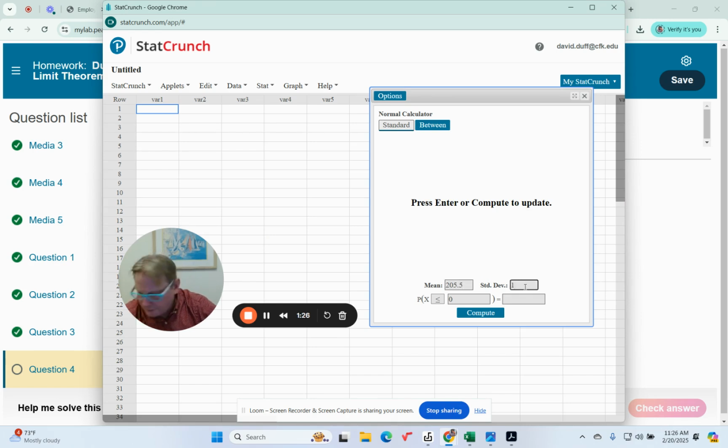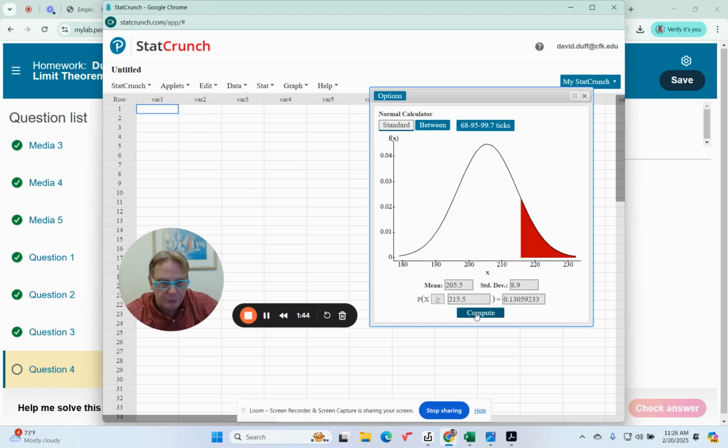And then we will enter our standard deviation of 8.9. And we're looking for the probability that x is greater than 215.5. So we're going to change that to greater than, and then put 215.5 in here. And then we're going to hit compute.